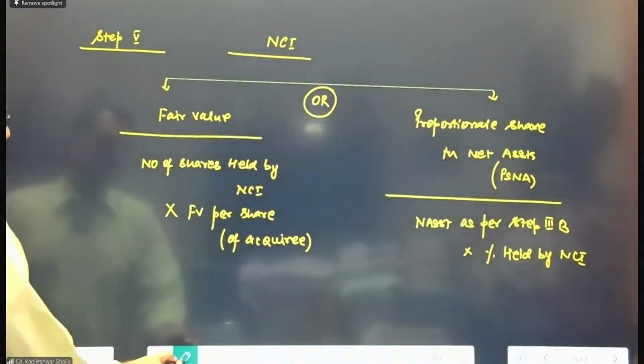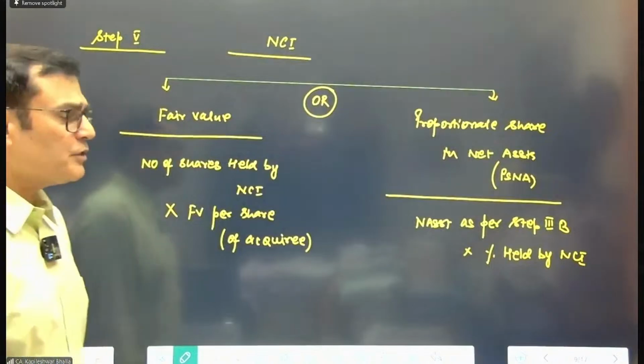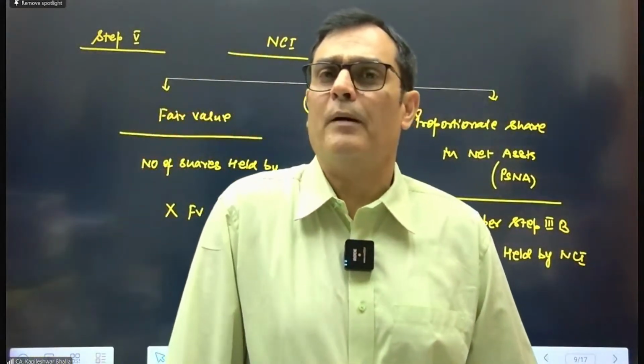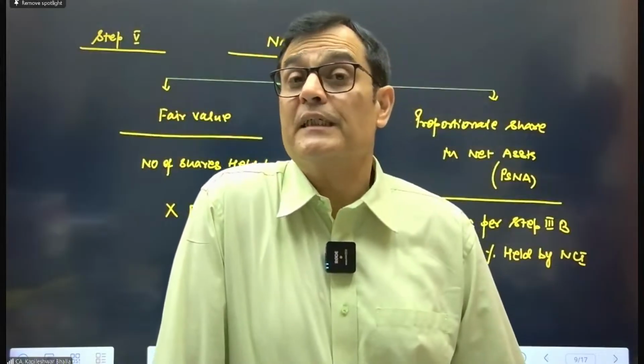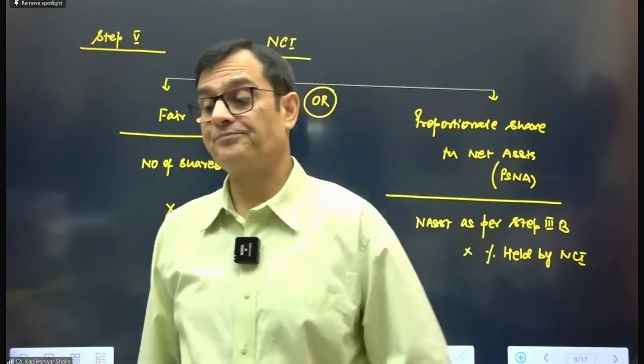Now some quick questions to you. If you're considering the NCI at fair value, the goodwill which you're going to get is full or partial? And if you're going to consider NCI at PASNA, the goodwill you're going to get is full or partial?